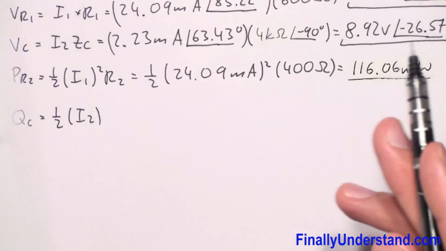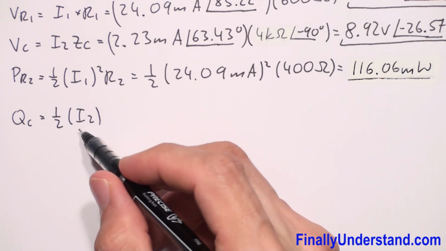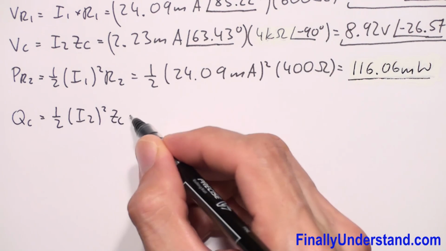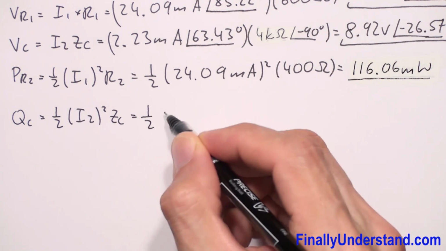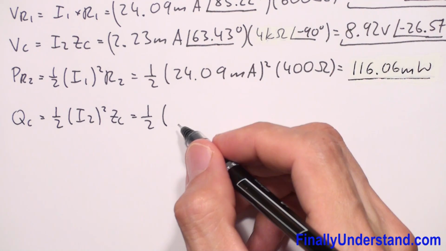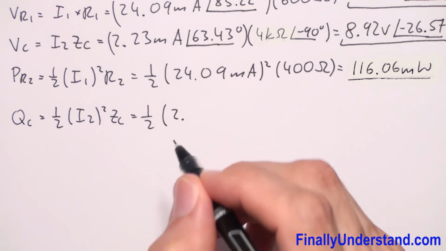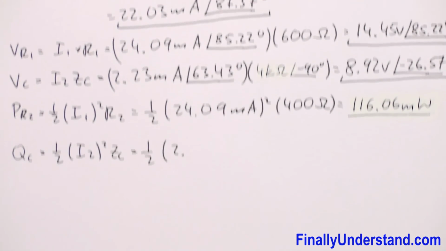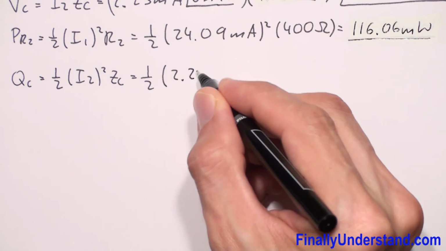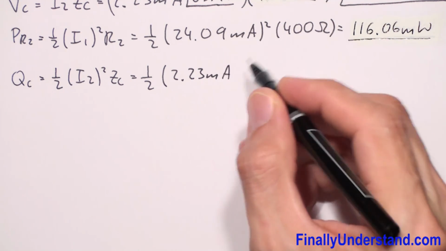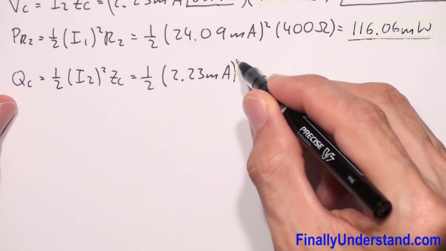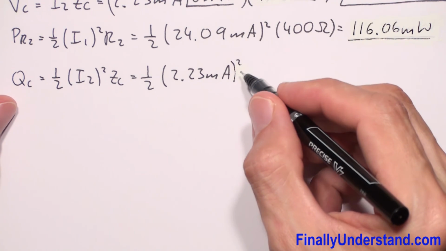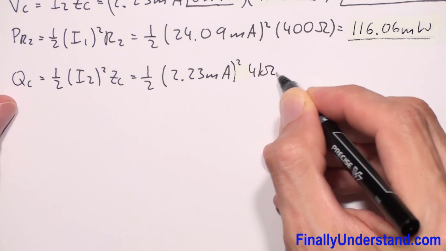I2 is 2.23 milliamps, raised to the second power, times Z sub C, which is equal to 4 kilo ohms.